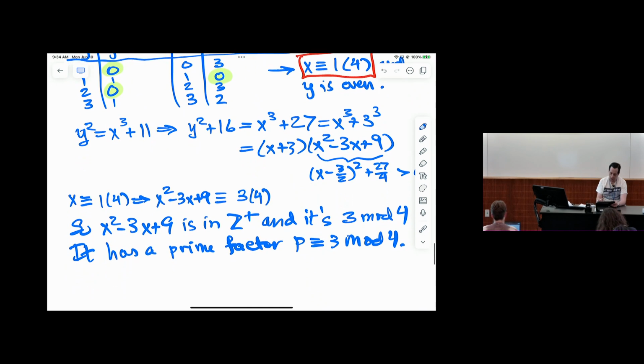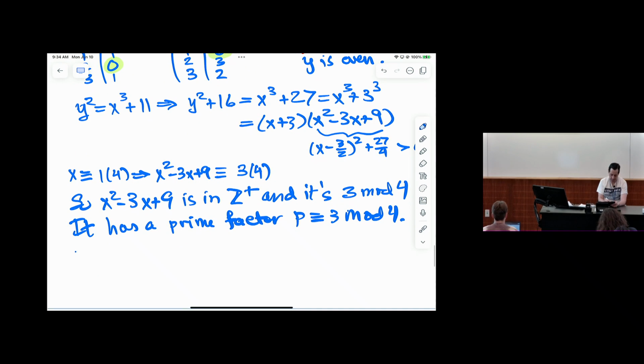Great. So now we're going to take a look at the left side. y squared plus 16 is this product up at the top, and the second factor has a prime factor p that is 3 mod 4. So p divides the right side, so p divides the left side.